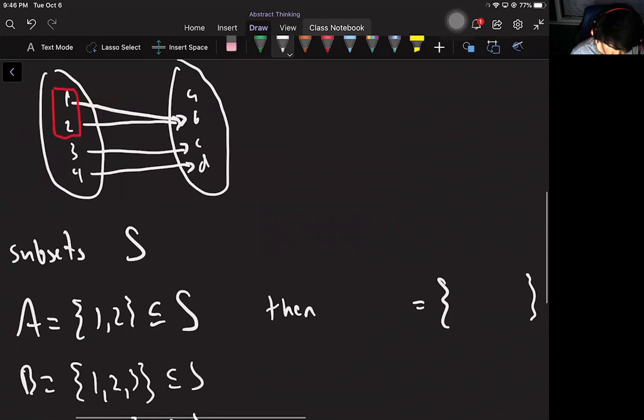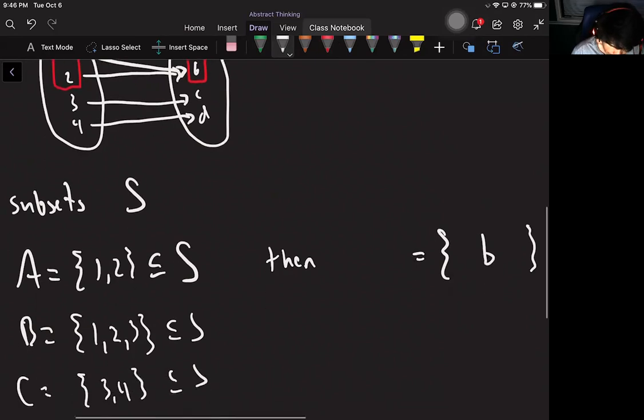So like what kinds of things should be in this first set where I think of sending A, 1 and 2 all together in one big chunk? Well, because they both go to B, the only thing in this set should probably just be B.